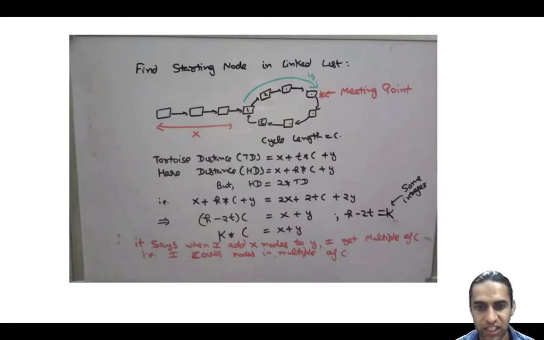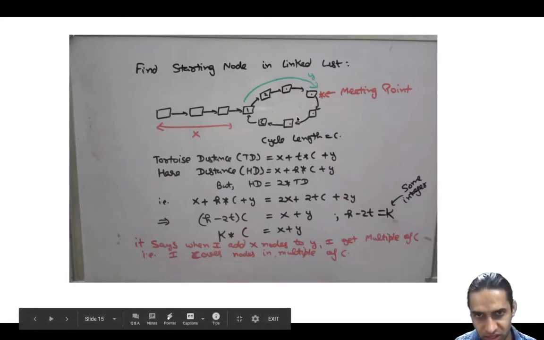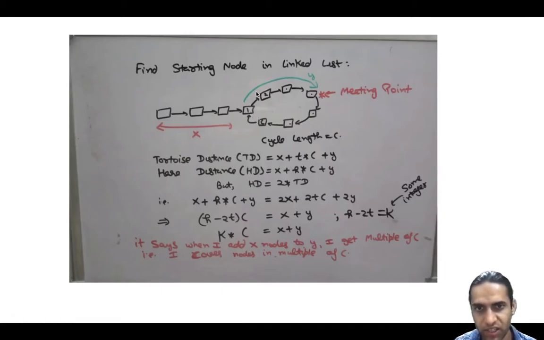So indirectly it is saying that if I add x nodes to y, I've already taken y distance, and now I add x distance, this will be a multiple of C. So I might take 2 or 3 cycles, but I'll reach here because it's a multiple of C.